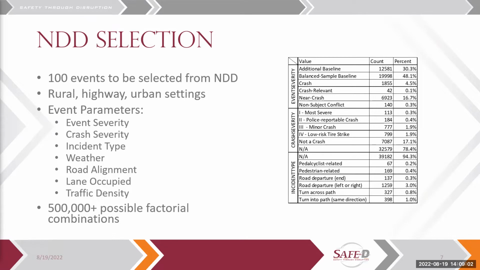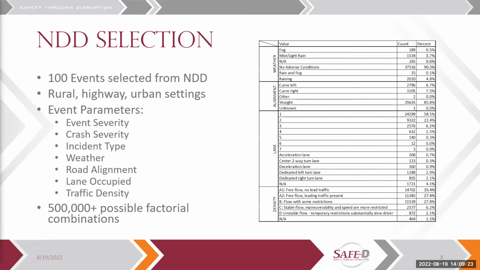We selected for rural, highway, and urban environments to cover our bases, and we parameterized data according to these parameters that are already part of the NDD. So event severity, crash severity, incident type, weather, road alignment, lane occupancy, and traffic density. So you can see a handful of these.